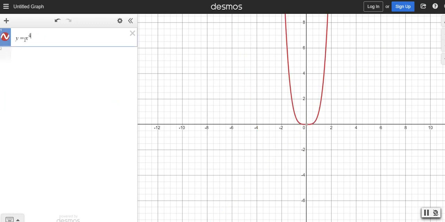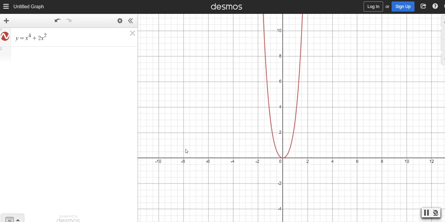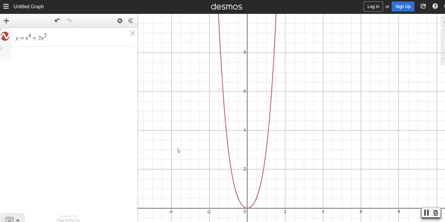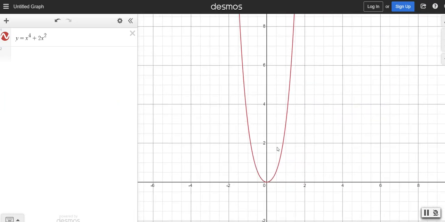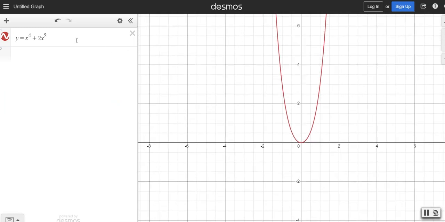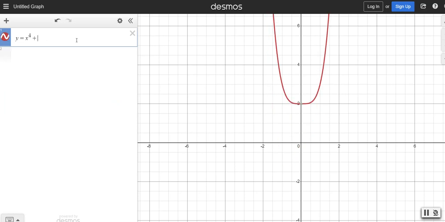Let's do another one. So here's an even function, x to the fourth plus 2x squared. It's exactly the same on the left as it is on the right. So that's even functions.